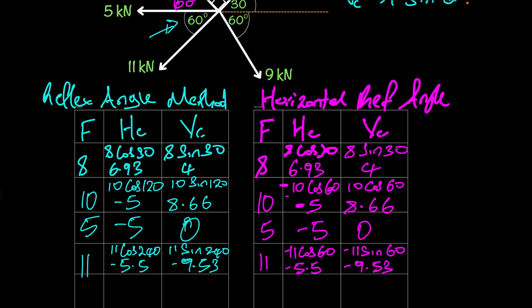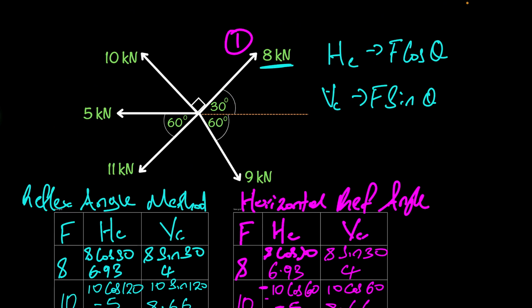So for the 9 kilonewtons, this force is going to the right and it's going downward. But for the reflex angle method, we don't need to consider that. We just need to get the angle correct. Before we do the calculation, I'm going to draw the angle symbol in so you see exactly what we're measuring here.